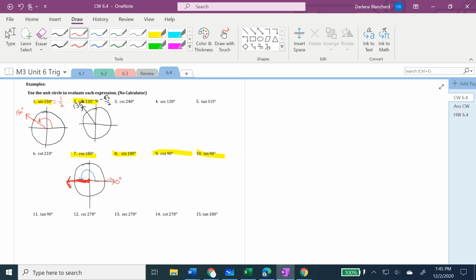But what you care about when it comes to cosine is what is the x-coordinate of the specific point that this intersects the unit circle at. So that ray at 180 degrees crosses the unit circle at one particular point. That point has an x-coordinate and a y-coordinate. Because this is cosine, you want to answer what is the x-coordinate. And so what do we get for the x-coordinate?